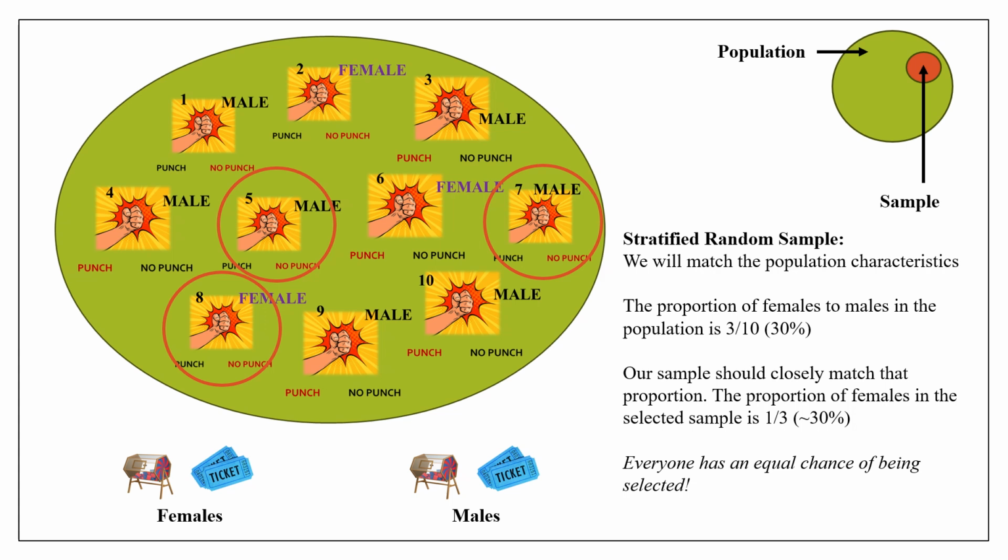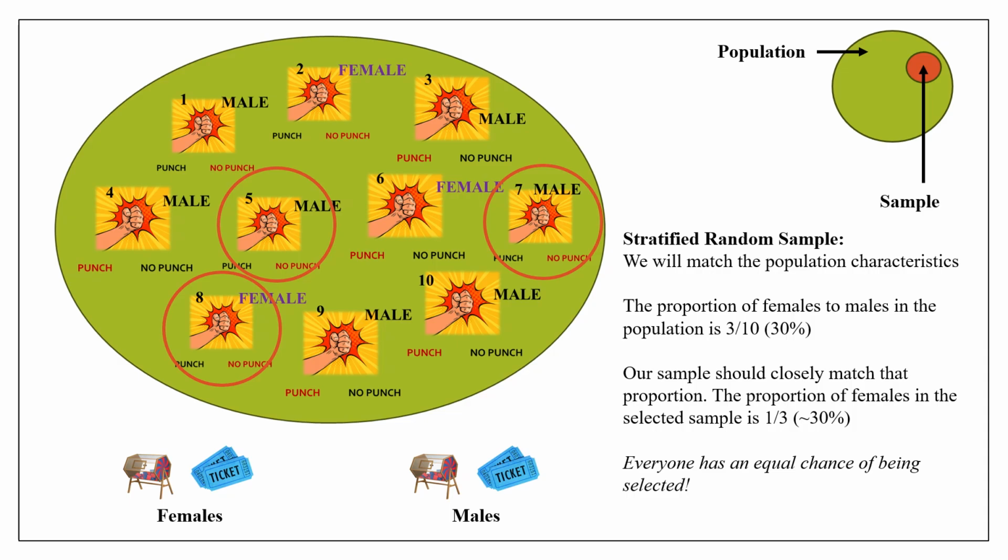Now, based on the entire population, we can see that the proportion of females to males is going to be 3 out of 10. So out of this population, 30% of them are female. So when we are building up our sample, we need to closely match that proportion. And in our sample, we should also have 30% of those being female.